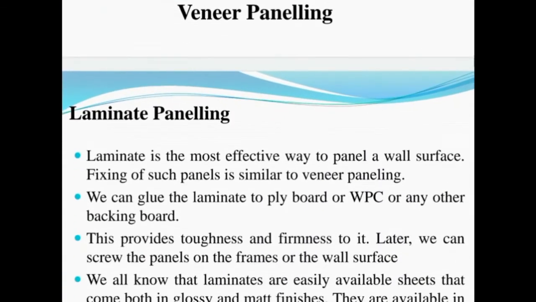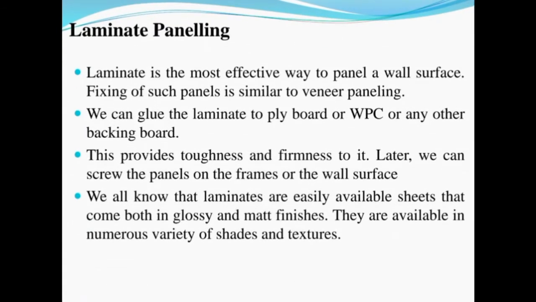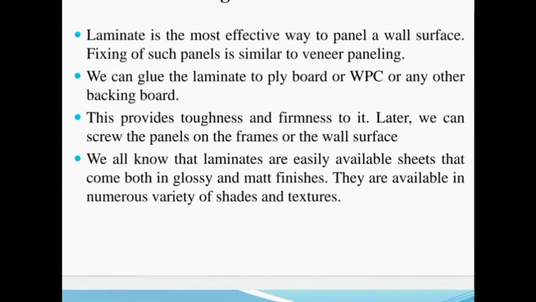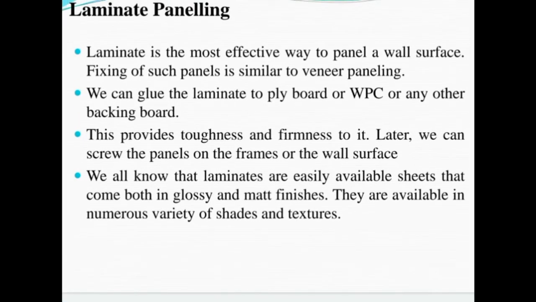Now we are going to see about the laminate paneling. Speaking about the laminate paneling, it is one of the most effective ways of paneling the wall surface, and it is similar to the veneer paneling. Here the laminate paneling can be attached by using glue to plyboard or any other backing boards, and it gives toughness and firmness to it, so we can screw the panels to the frames or the wall surface.